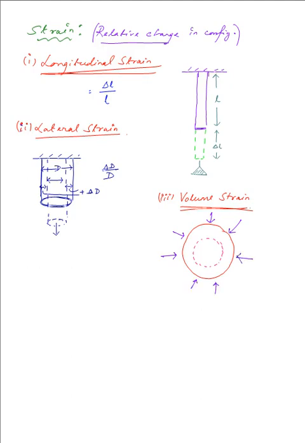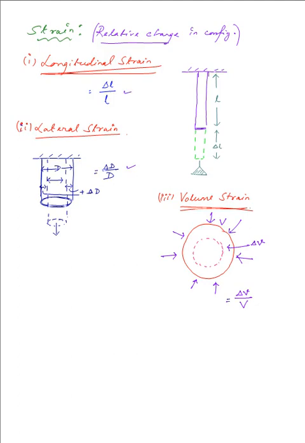deforming that is. And with this change in volume, we say that this is del V, and the initial volume was V, so we have the volume strain to be del V divided by V, the relative change in the volume. This was the relative change in the diameter, this was the relative change in length.